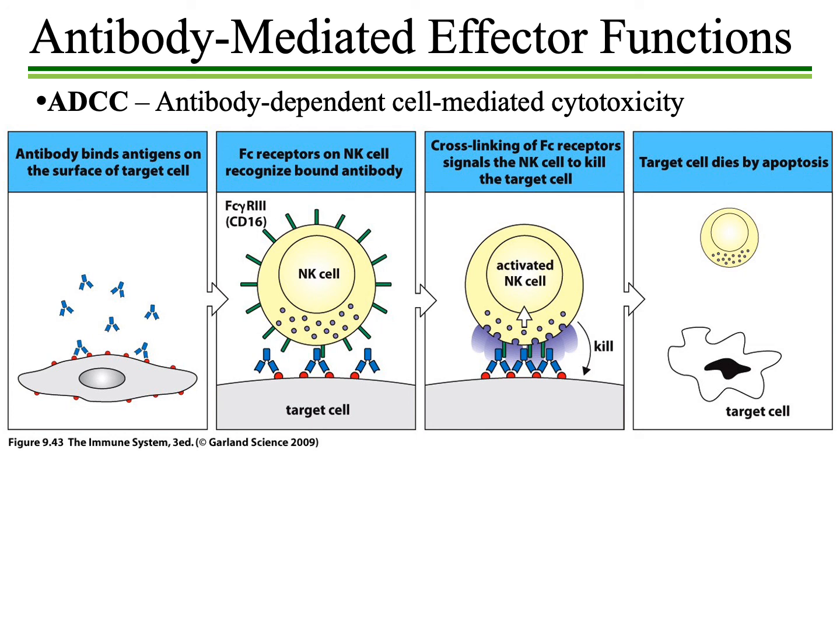In the next panel, you can see that the Fc receptors from the natural killer cells recognize the bound antibody, and you have this complex interaction again. This complex interaction then triggers the natural killer cells to produce and release molecules that are going to play a role in the destruction of the target cell.